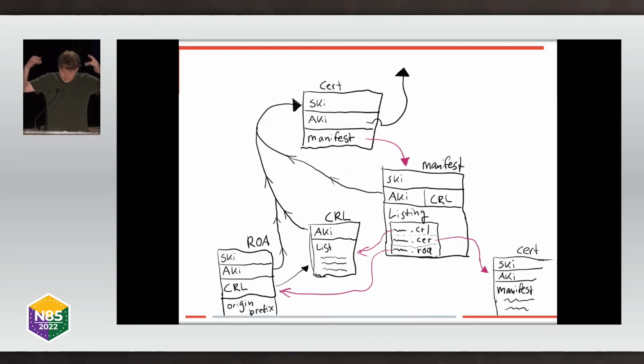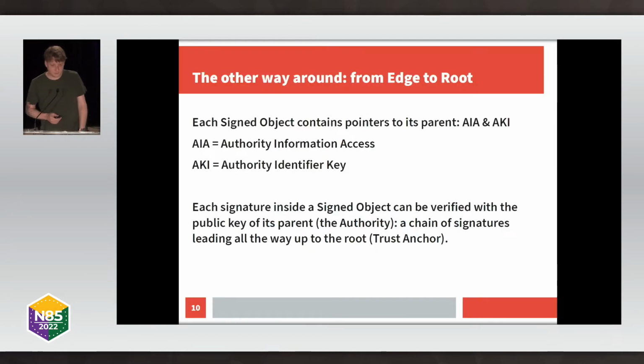So validators discover new objects following various pointers in the EE certificates, and then you walk back up the chain to validate whether everything is cryptographically intact. As I mentioned before, this tuple of the key pair identifier of the parent and the key pair identifier of the object itself, the AKI and the SKI, they are accompanied with information access extensions.